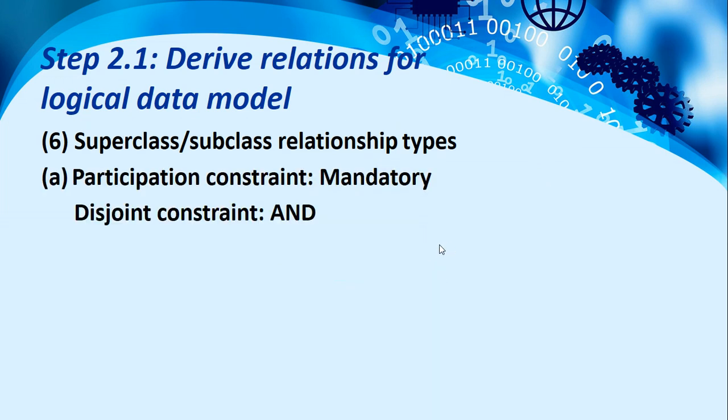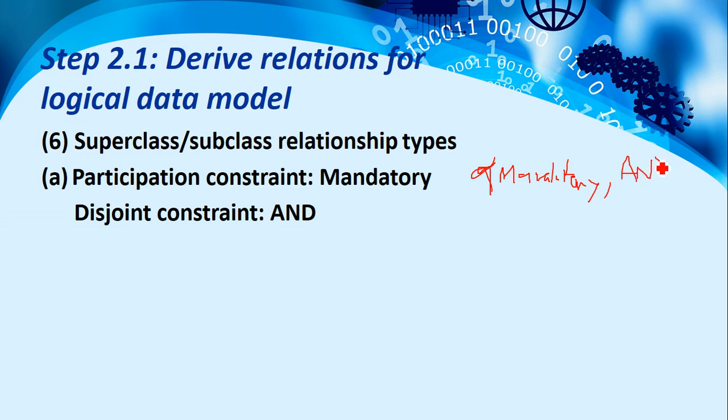So, the first is, if yung participation constraint is mandatory, yung disjoint constraint is and. So, bali, yung pagkasulat niyan is mandatory. Diba, ano yan, curly brace yan, mandatory. Pasensya na kung pangit yung pagkasulat ko. And then, this one is and.